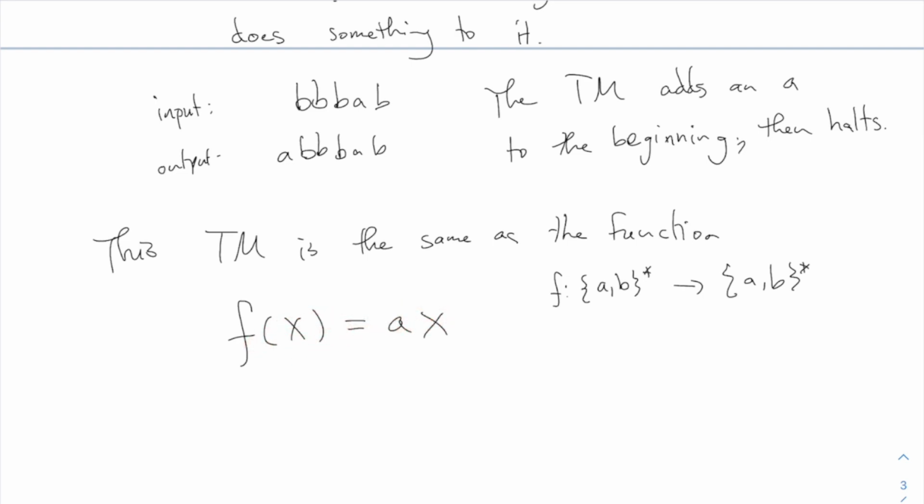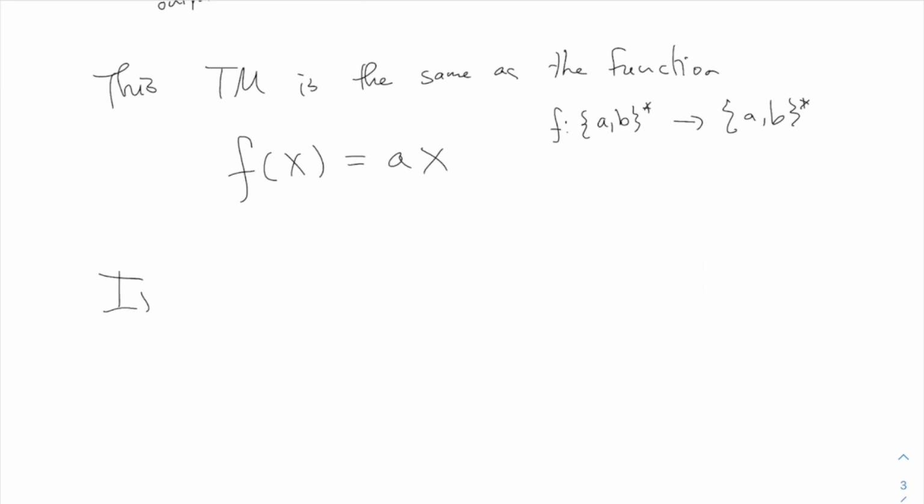All right? So the big question that we're going to be talking about for the next couple times is, what kinds of mathematical functions can you do with a Turing machine in this way? You certainly can make a Turing machine that puts an a at the beginning.